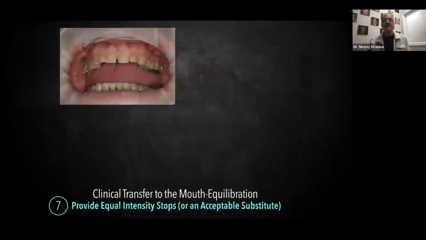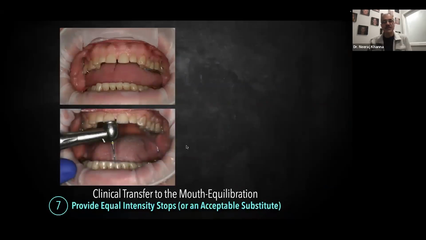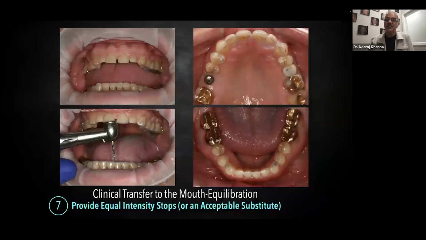And then now we have composites that are completed, but we haven't completed the full occlusion yet. We haven't dialed in the occlusion. So we're going to basically contour the composites with a fluted burr. We're going to now start working on his occlusion. And when David closes down, we're going to start to see some teeth coming into contact.